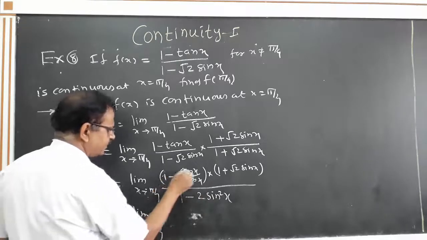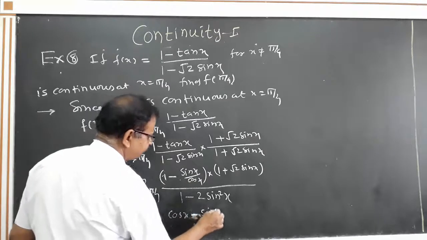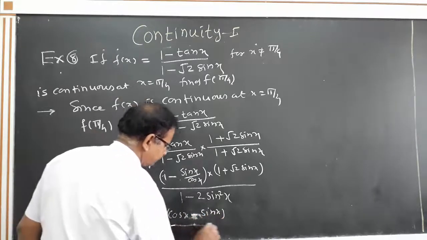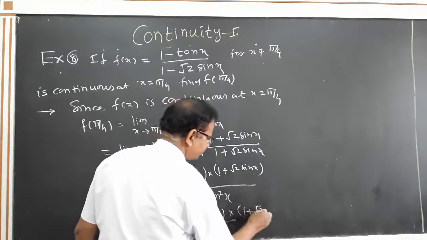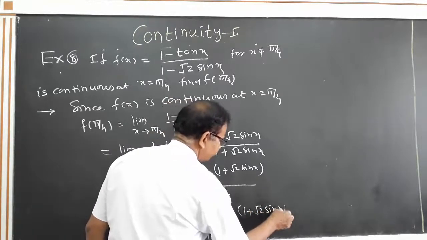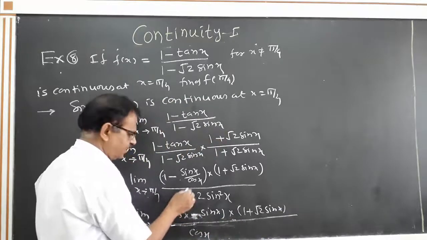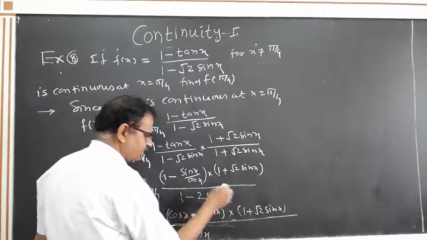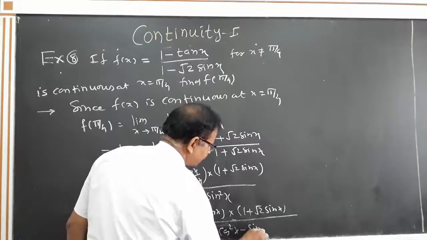This is cos x minus sin x divided by cos x. One can be written as cos square plus sin square. Cos square x plus sin square x minus 2 sin square x can be written as cos square x minus sin square x.